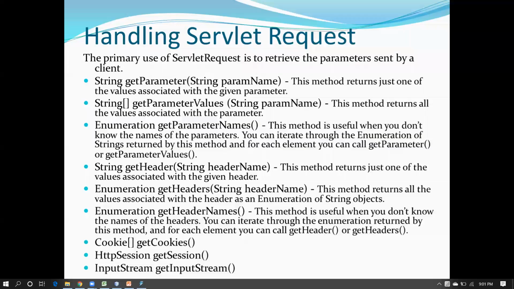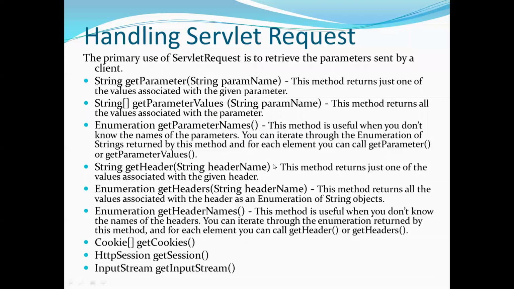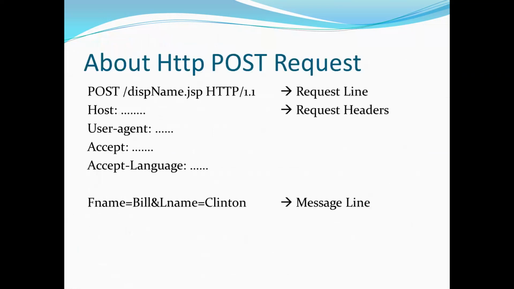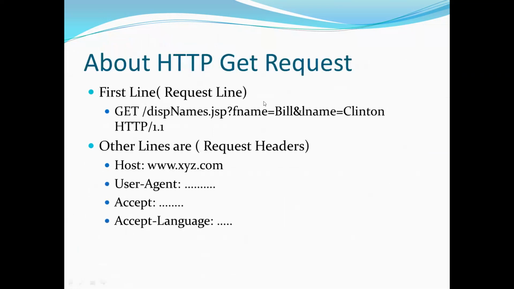Another one is your header. This method returns just one of the values associated with the given header. So the header could be your, look at here, this is your headers. Okay, this is your request line. So request headers, that is what is the host, which user agent you are using.